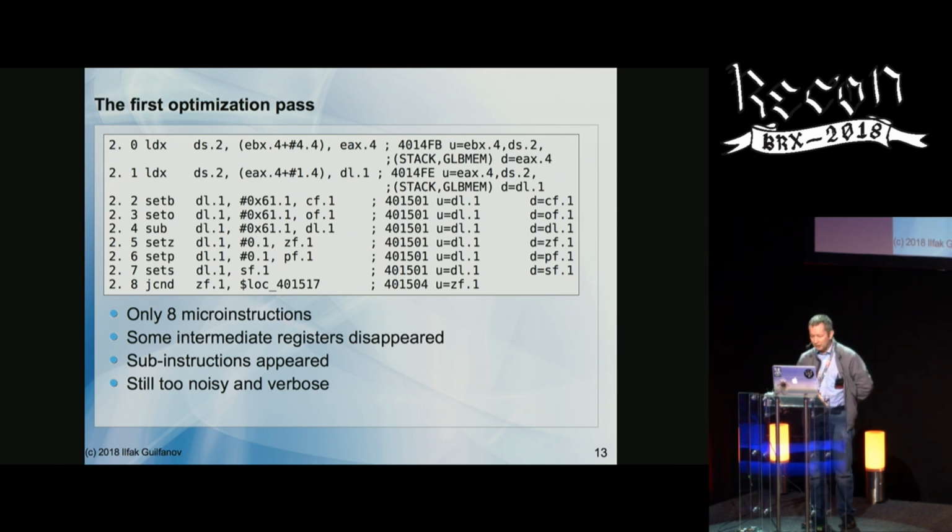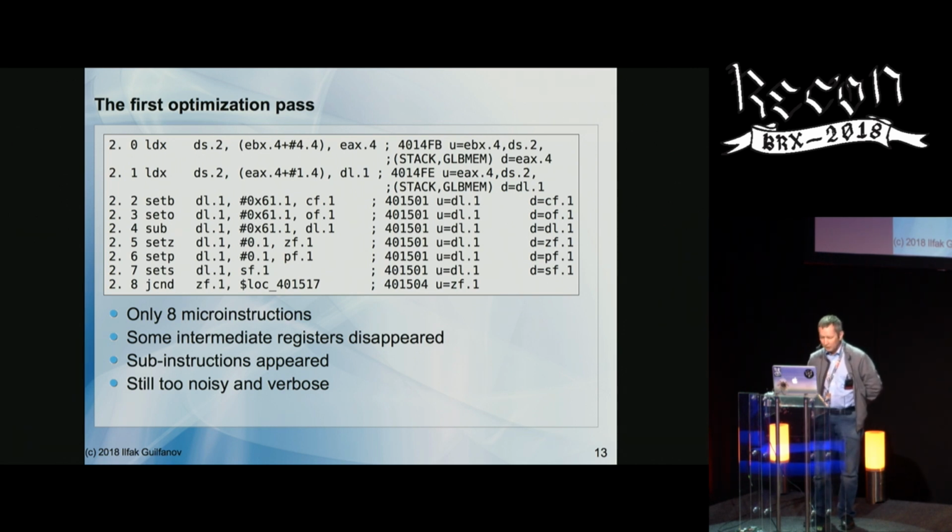There are only 8 micro instructions in total, but it's still too noisy. Please note that some sub-instructions have now appeared in the code. You see that EBX plus 4, for example, is present. It's visible as an operand of another instruction.